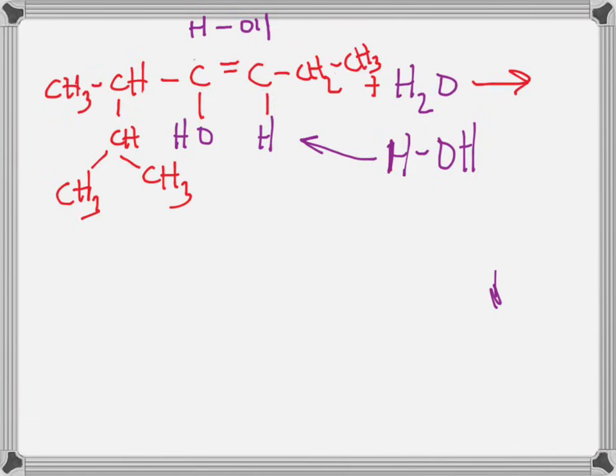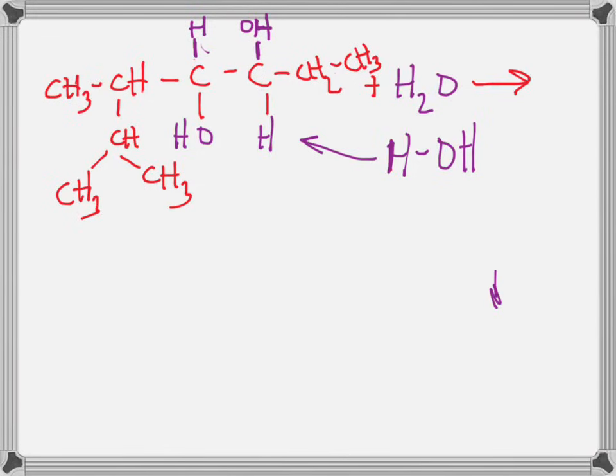There we go. It's not wanting to do it. I don't know why. But you can see that those 2 lines there, that's supposed to be an H. It's just not wanting to connect for some reason. Oh, there we go. And one of the bonds will move to here. One of the bonds will move to here. So we'll connect those. Let's erase what was lost in that reaction.